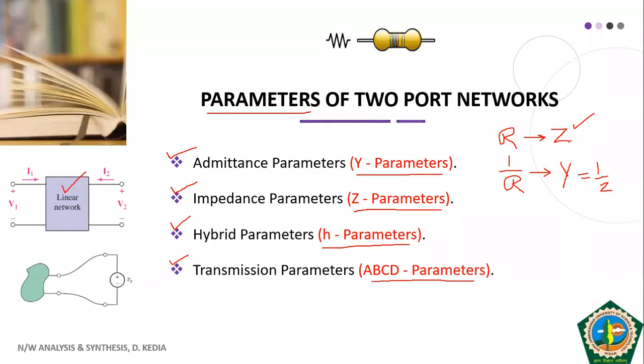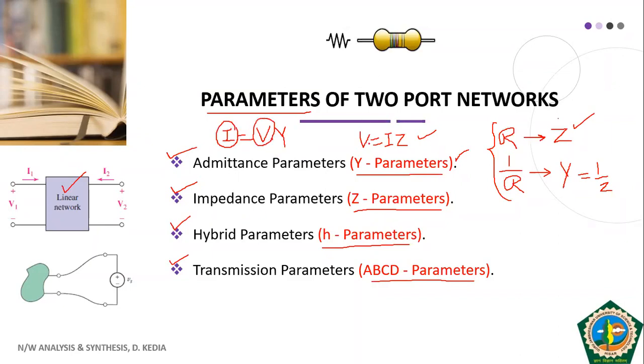Your impedance parameters and your admittance parameters will be following Ohm's law directly. We have already seen this equation, V is equal to I R, and if you take impedance, it is V equal to I Z. And if you take it in terms of admittance, I is equal to V times 1 by Z, that is nothing but Y, so I equals V Y. You can see here, in case of admittance parameters, you will have current on the left hand side and voltage on the right hand side.